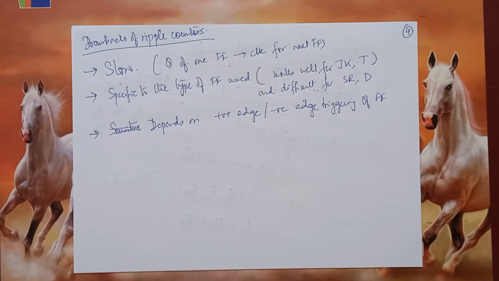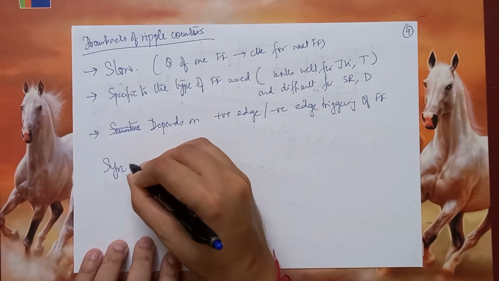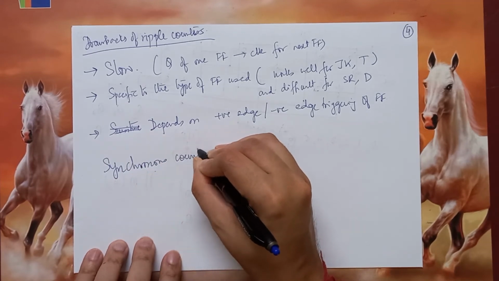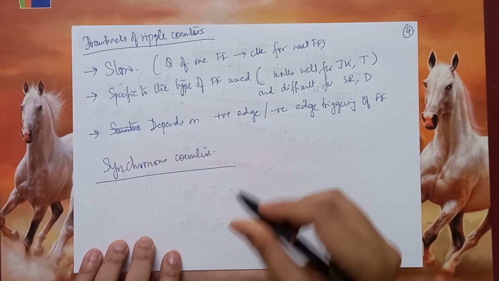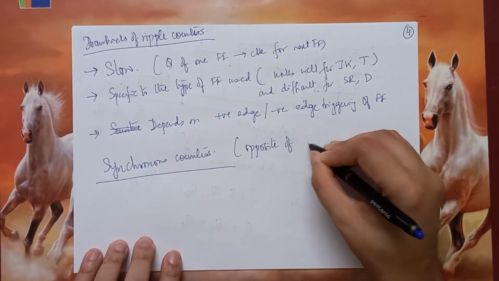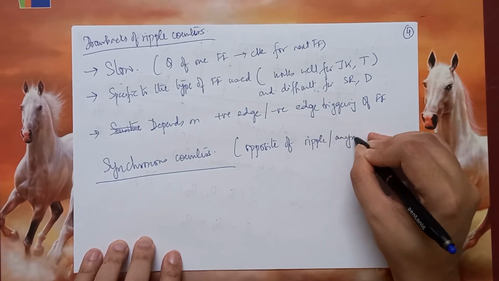So the opposite of ripple counters or asynchronous counters is what we call synchronous counters.